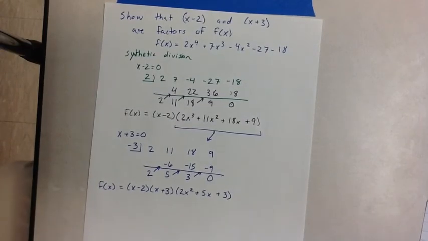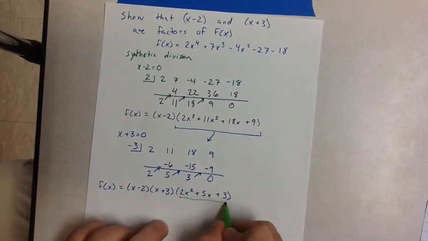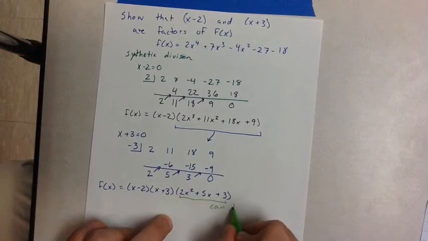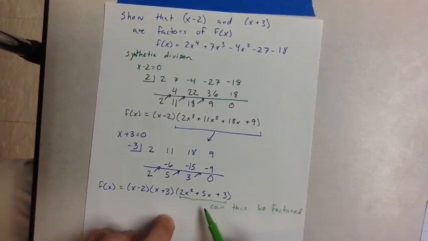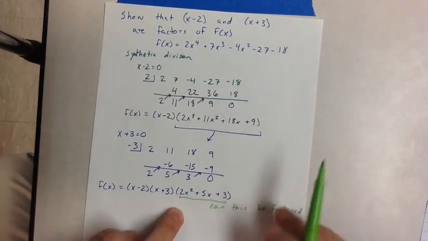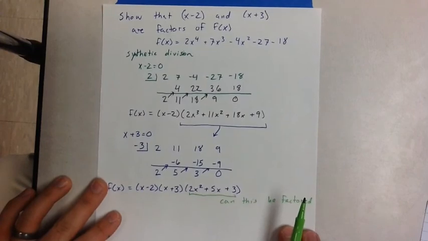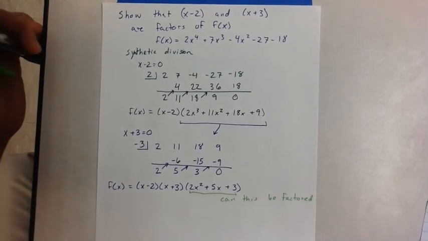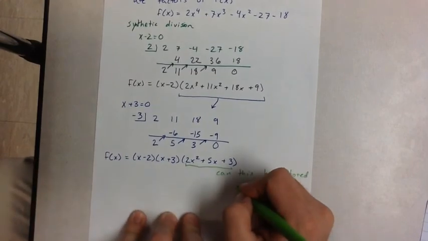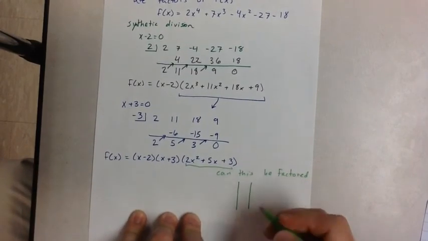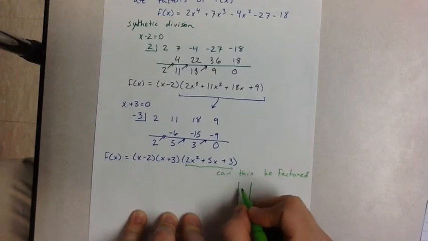And believe it or not, we could now check this quadratic to see if it can be factored. Now I know we don't have possible factors to check here, so that's not a big issue. I mean, we know how to factor a quadratic.